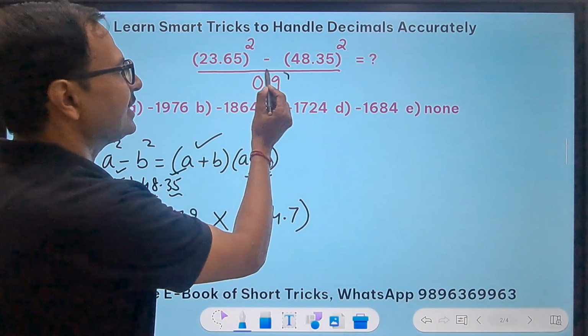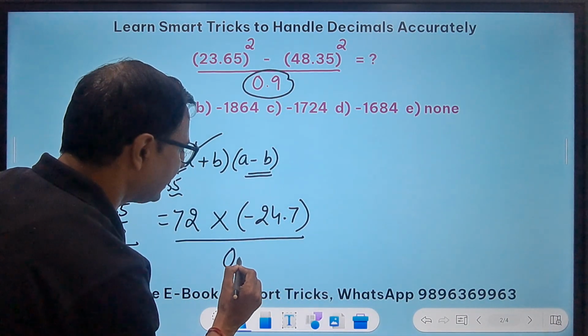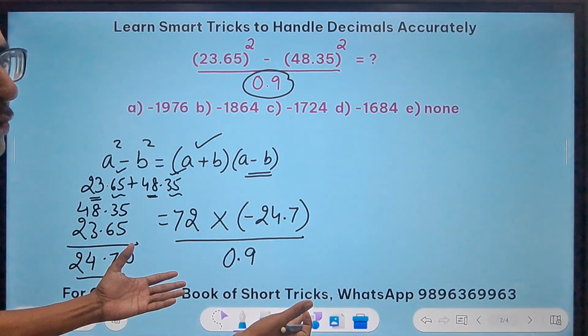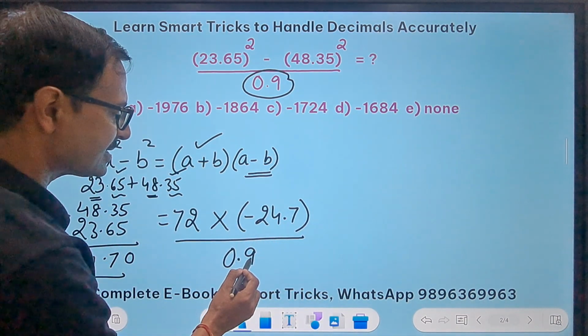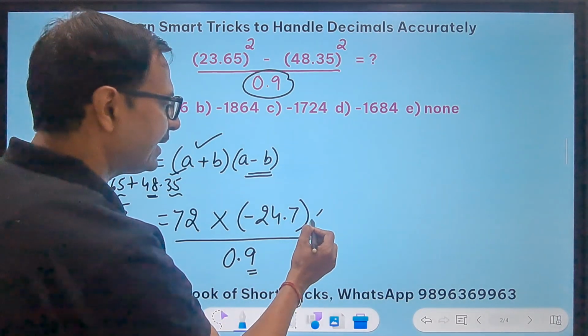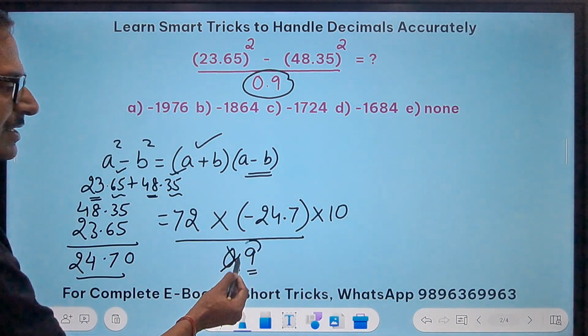But observe that there is a 0.9 in the denominator. So if I write 0.9 in the denominator, I don't have to use vertically and crosswise here. Why? Because the decimal here has one decimal place. So I'll write a 10 here in the numerator and get rid of this part. So this is just 9.